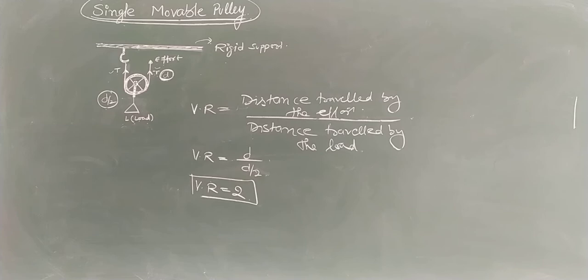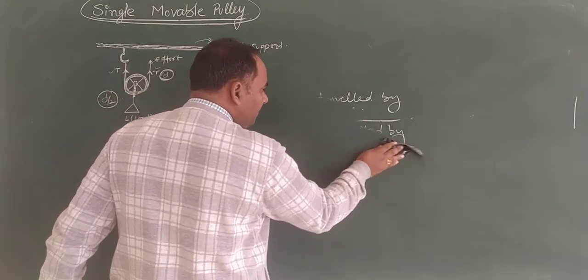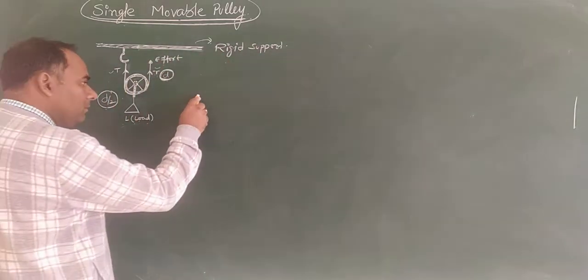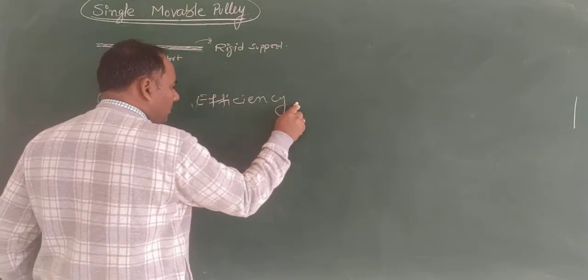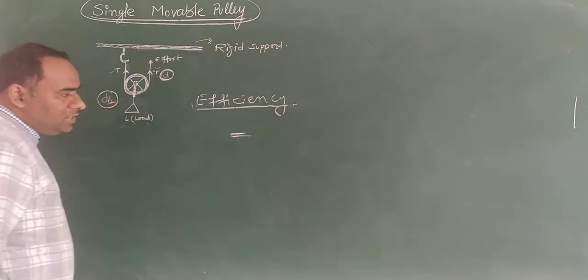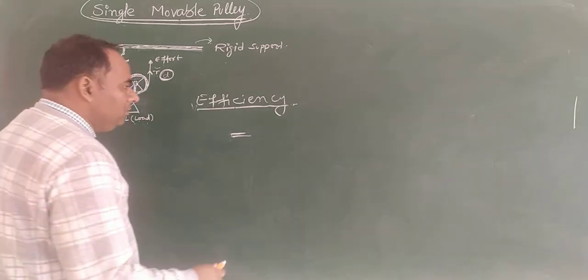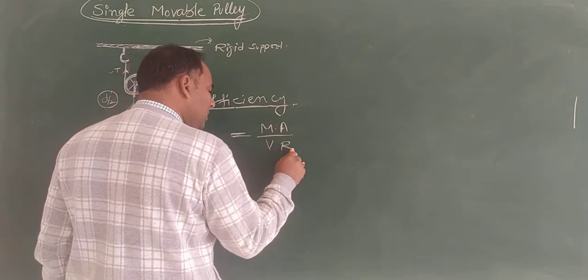Next is efficiency. What is the efficiency? Efficiency is equal to mechanical advantage divided by velocity ratio.